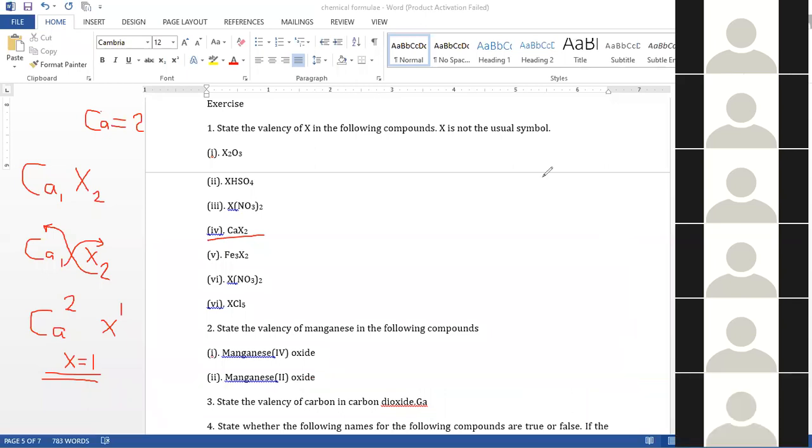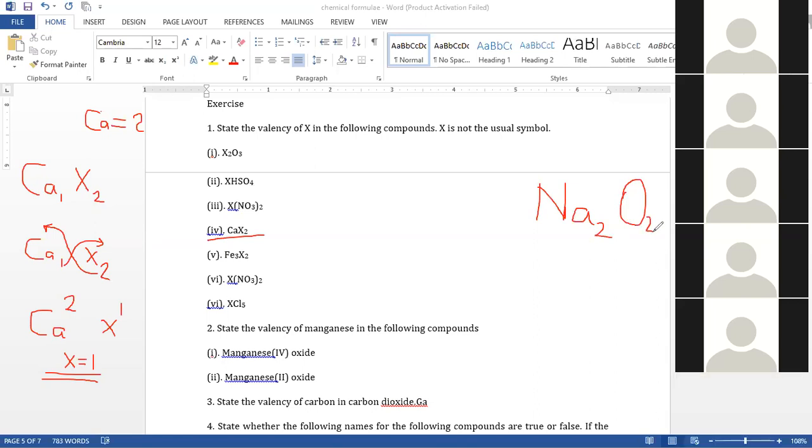Repeat your question. I was asking that when you're writing sodium peroxide, Na2 then O2, how come we don't divide the valences, the two numbers, to just put Na and then O?